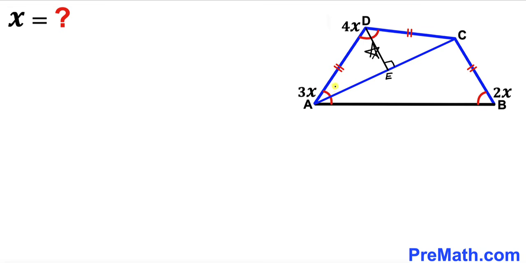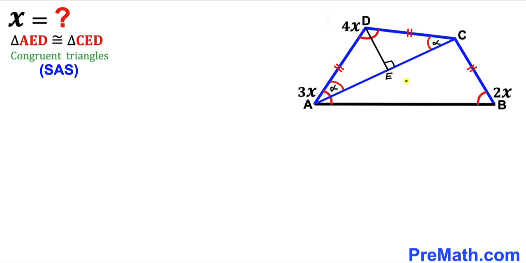So if this angle is alpha, then this angle has got to be alpha as well. Therefore we conclude that these two right triangles, AED and CED, are congruent triangles according to the side angle congruency theorem.